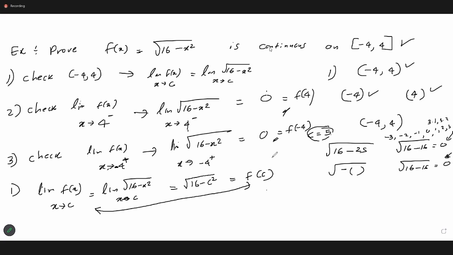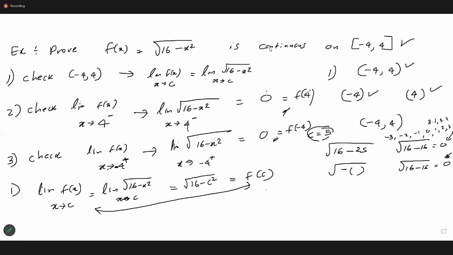Now see what happens. You have checked the limits first, and the limit is equal to 0. And you can check whether the value is defined or not at that point.